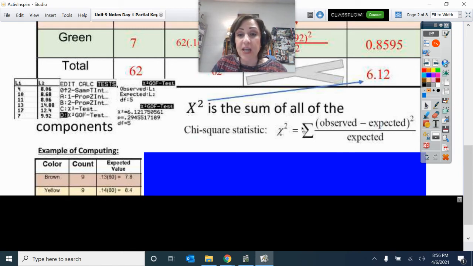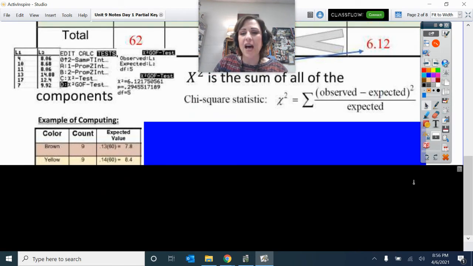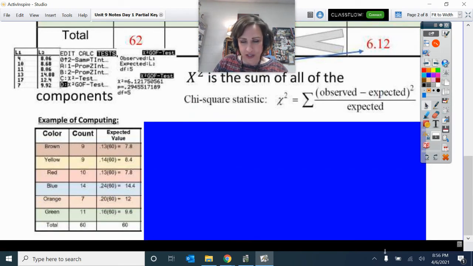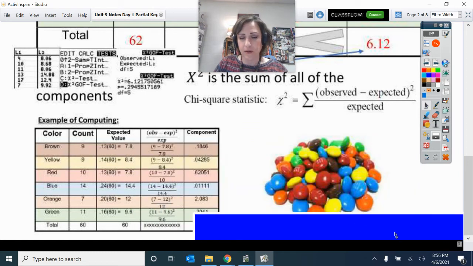Chi-squared is the summation of all of those components: observed minus expected, quantity squared, over expected. Done. That's the main idea of what's happening with chi-squared, a collection of the discrepancies of multiple proportions, multiple categories.